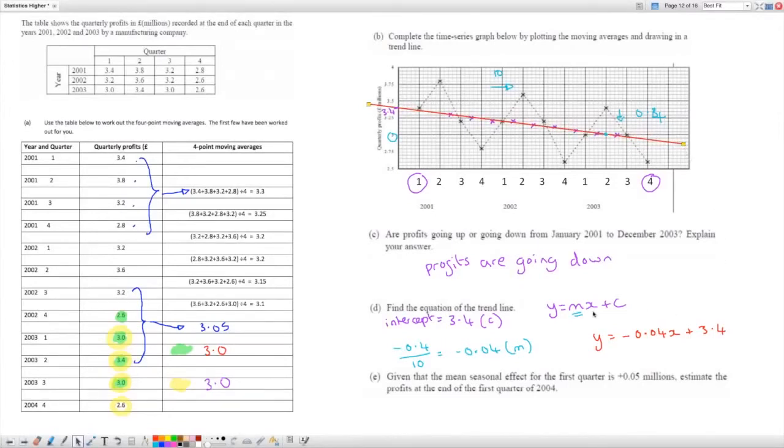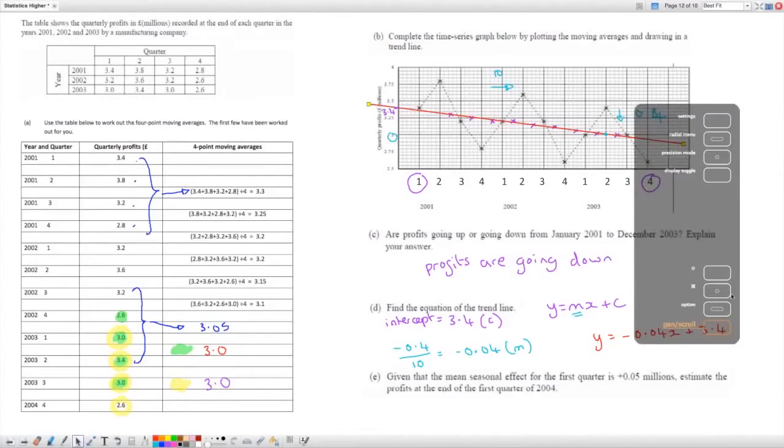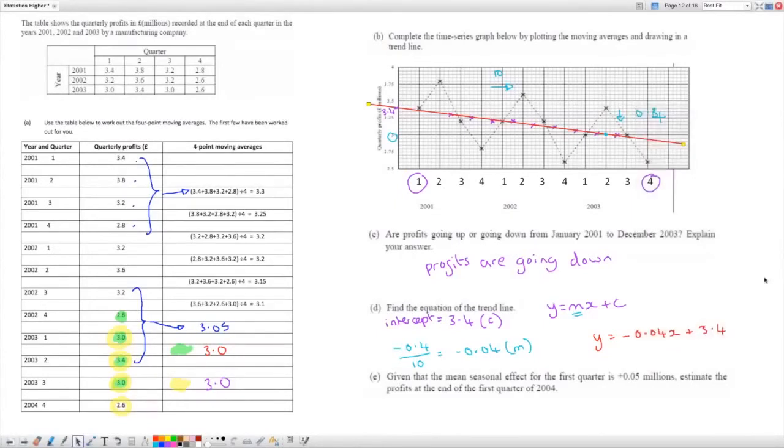So extending our trend line there, we can then see this line and the difference here going into the first quarter of 2004.